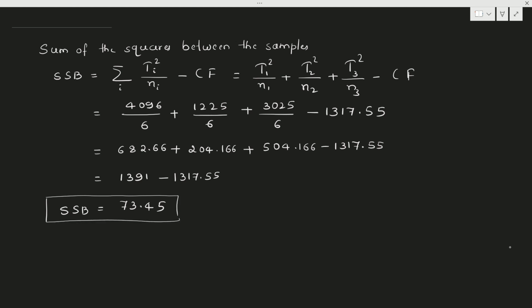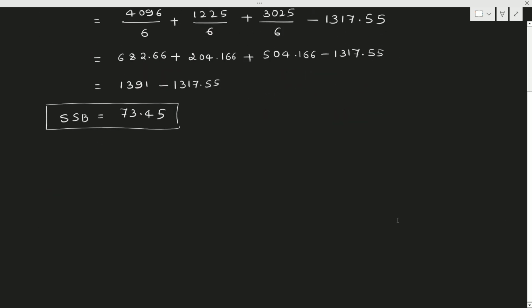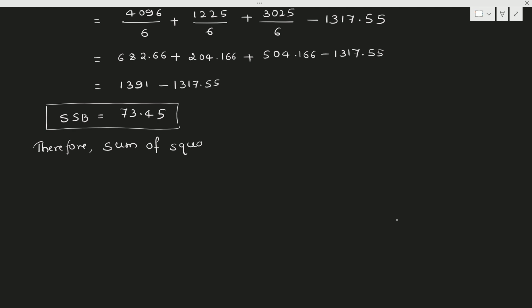So we have got SSI and SSB. Using these two, we can find the sum of squares within the sample, denoted by SSW.